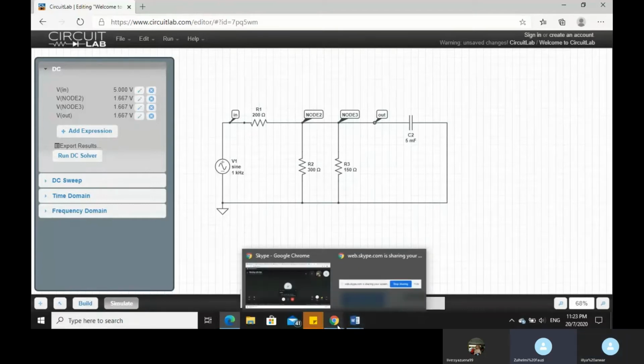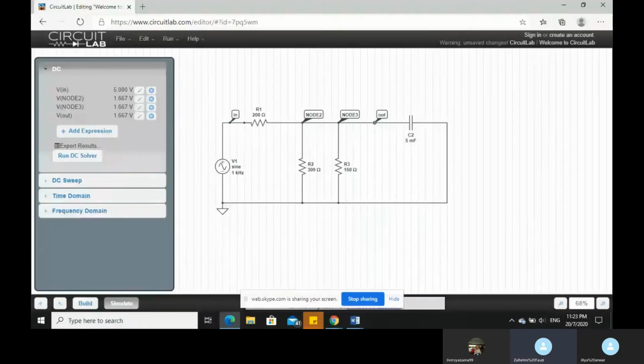This happens because the three nodes have the same voltage, because of the parallel in the circuit, where the voltage is the same even at different points.